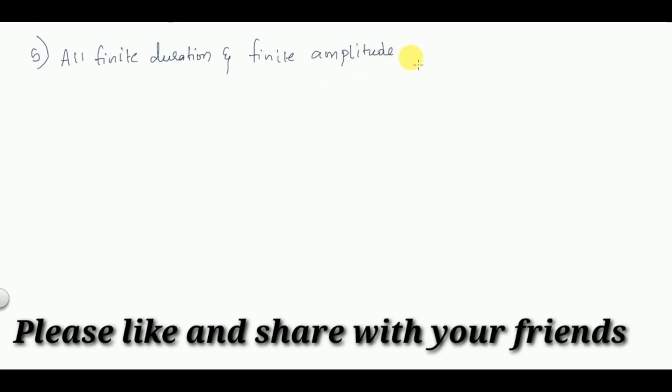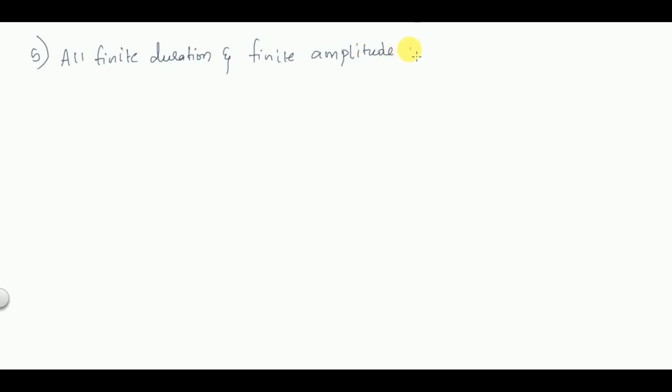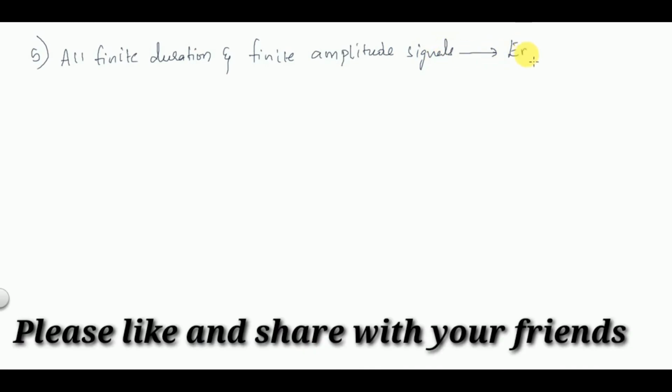So the next important point here is the fifth one: all finite duration and finite amplitude signals are energy signals.